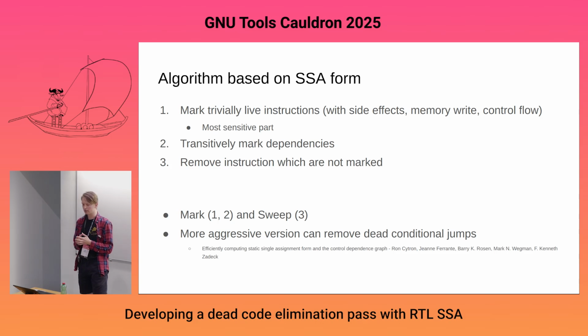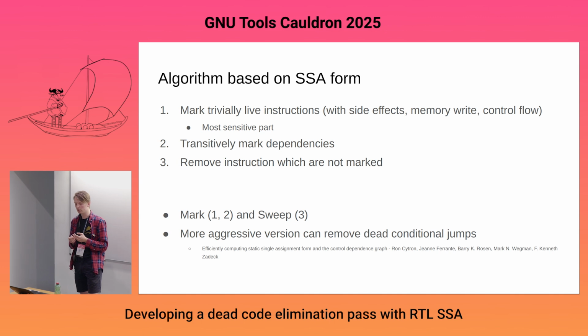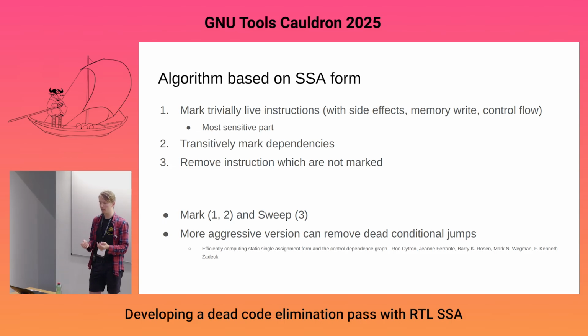This algorithm is sometimes called mark and sweep. The first two steps are the mark phase, and the third one is the sweep phase. For example, this algorithm is sometimes used in garbage collectors. More aggressive versions of this algorithm exist.